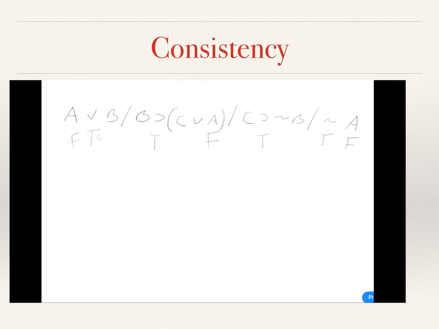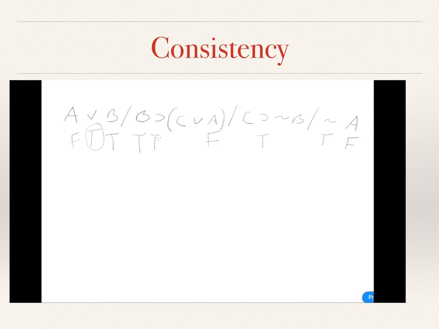Okay. So that means with this first one, if this is going to end up true, B cannot be false, because then that would make the whole thing false. So we'll have to make B true, and that makes this one true. So we've got that one true. We know B is true now.